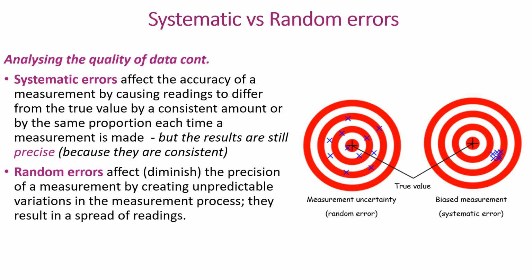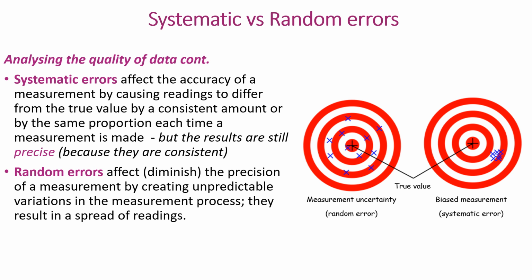Now, a systematic error is still precise because we're out by the same amount, same percentage every time because there's some type of fault with the tool that we're using. So it'd be like if you jumped on your scales every day and there's something wrong with the springs on your scales and we're exactly 2 kilograms out every time of the true value of your actual weight. So we'd say that's a systematic error.